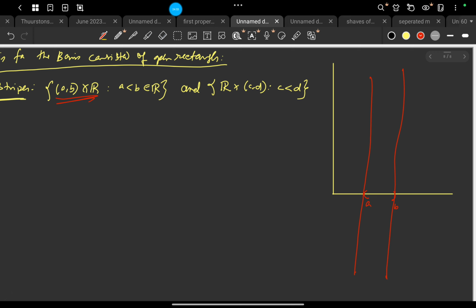You can consider this to be a railway track, and it is spread up to plus infinity, and minus infinity as well. So this entire region is an open stripe.